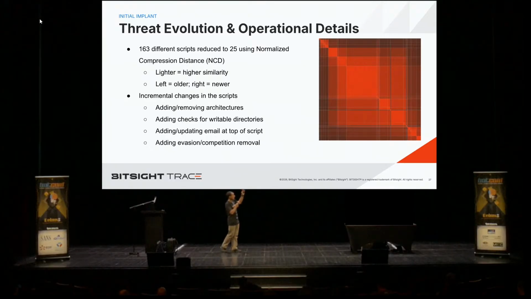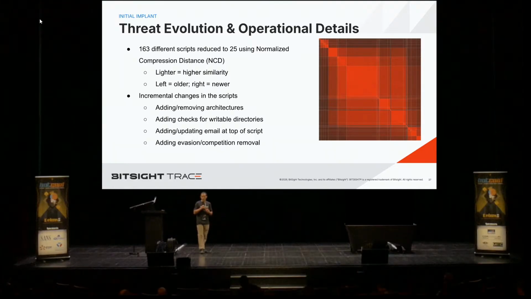Lighter means it's a similar file, so all the diagonals are the same file, 100% similar. The darker means less similar files. The white lines you see are the clusters where, if the samples have over 90% similarity between them, we assume it's a cluster of the same sample, to reduce what we have to look at.